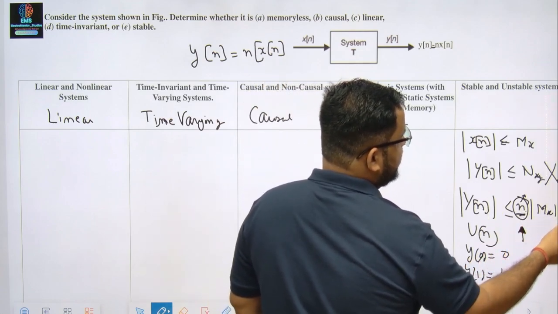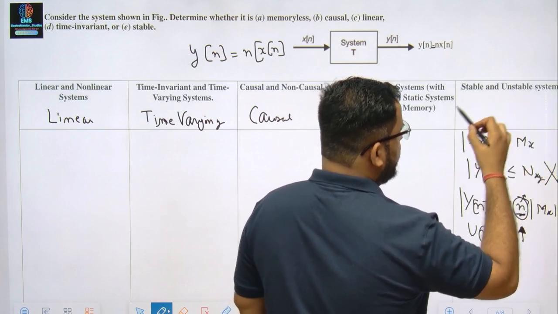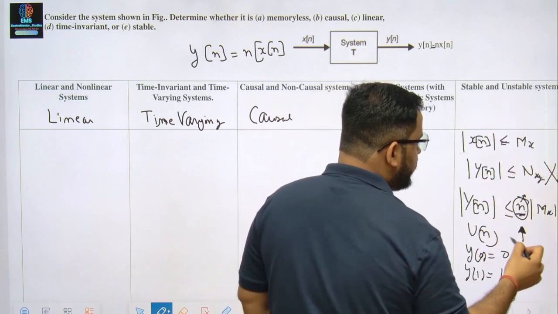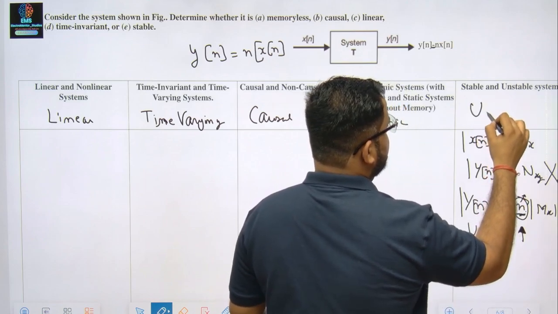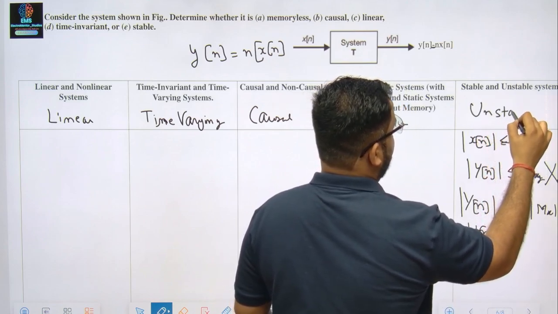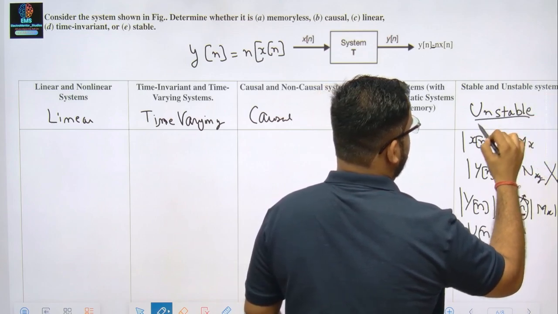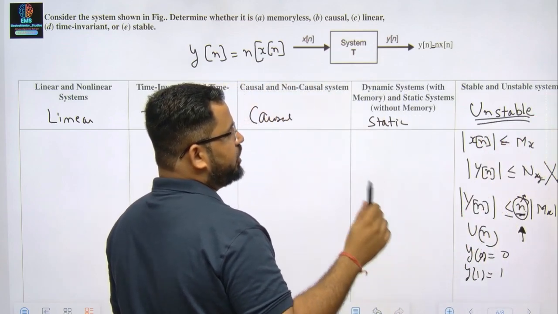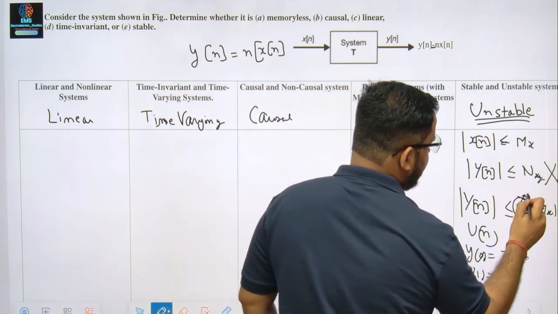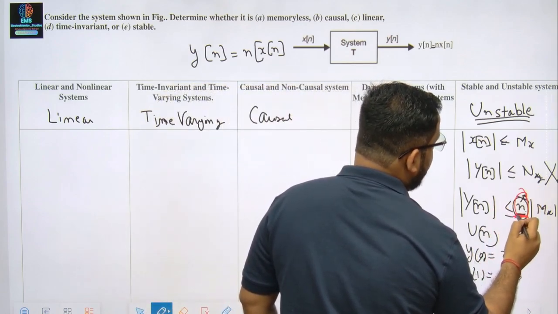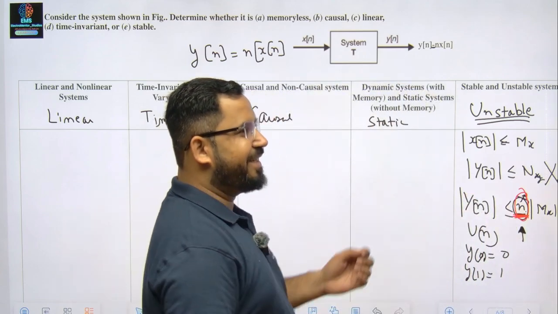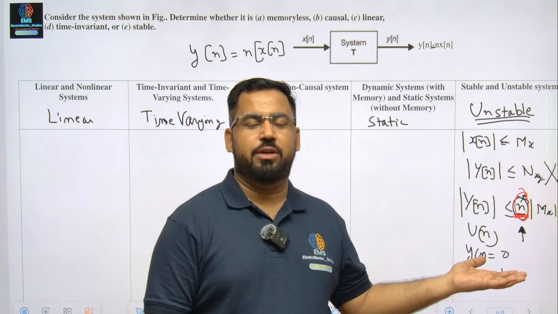So if this magnitude is increasing and it is not going to get bounded, that's why the system becomes unstable.